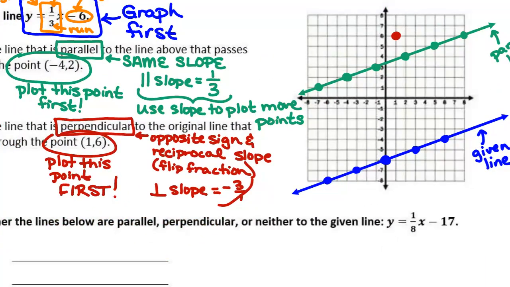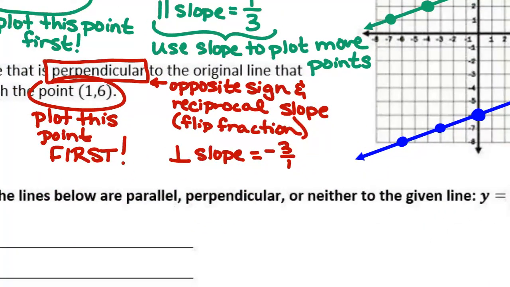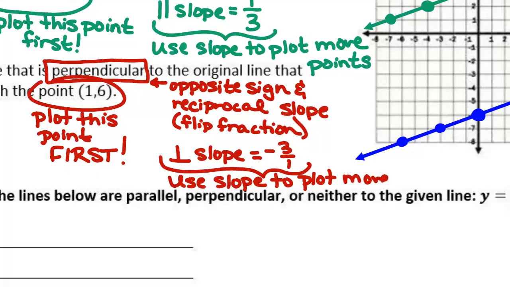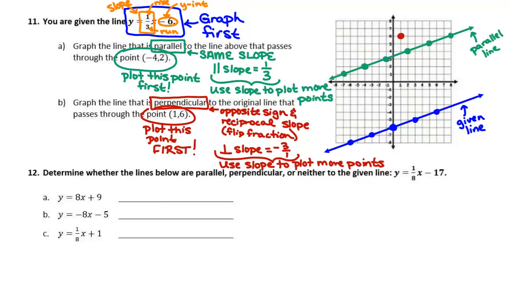And then we will use the slope to plot more points. -3/1 means I go down 3 and I run 1.